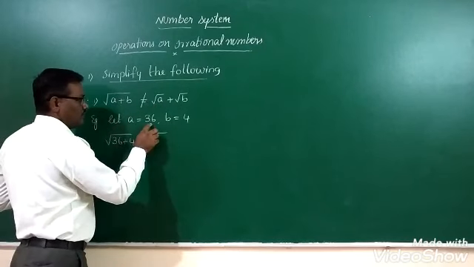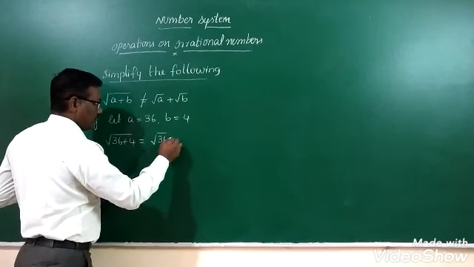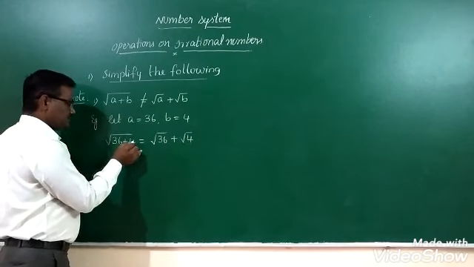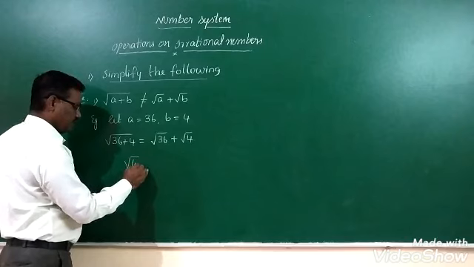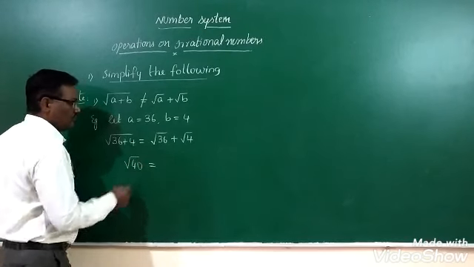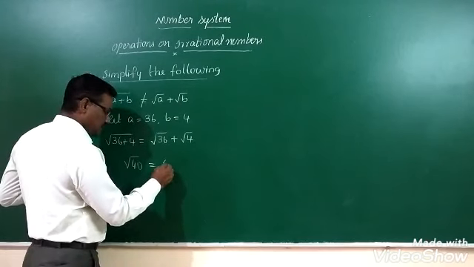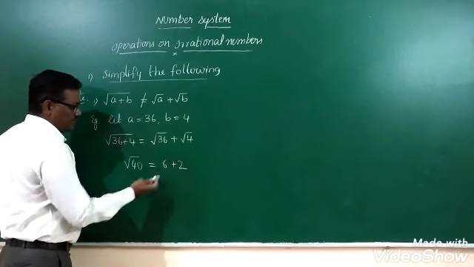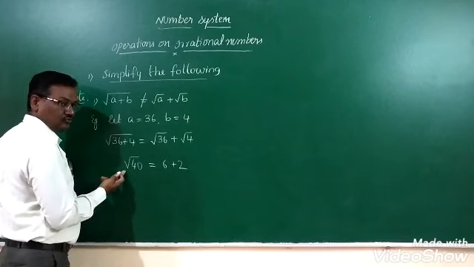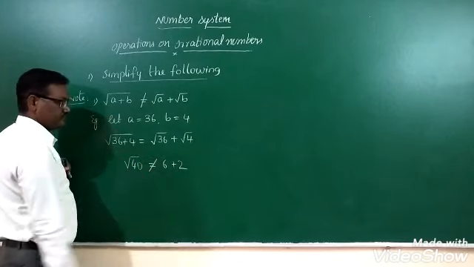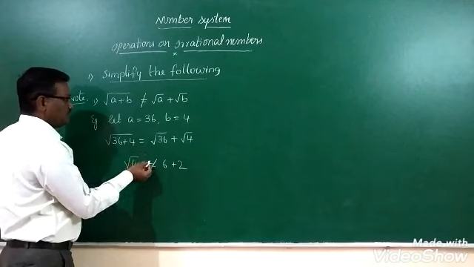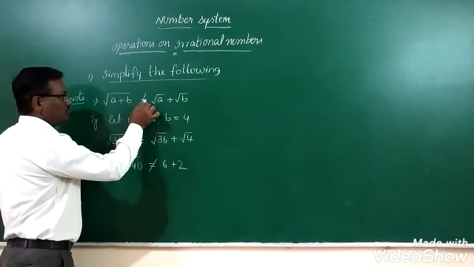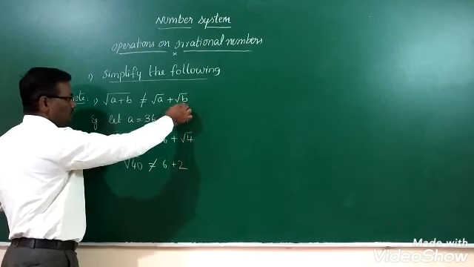Root a plus root b is root 36, value 6, plus root 4, value 2, so 6 plus 2 is 8. 8 can never be equal to root 40. That is not equal. Therefore, root of a plus b is not equal to root a plus root b.